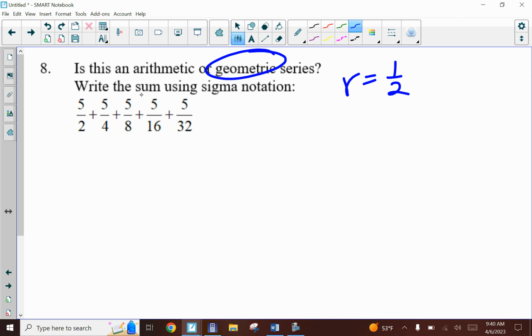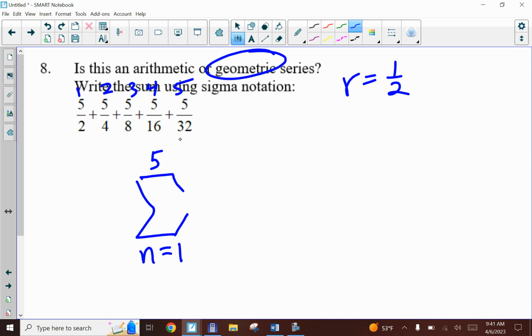It says, write the sum using sigma notation. So the first part of this is pretty easy because we know that we're starting from 1, because most of them do, since this is the first number. And then this is second, third, fourth, fifth. So we don't need any fancy math. We know we're going to add up 5 terms. So the top number has to be 5.